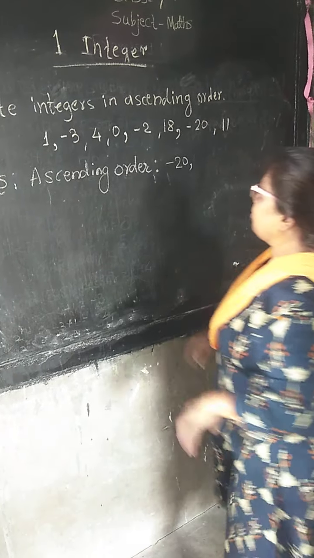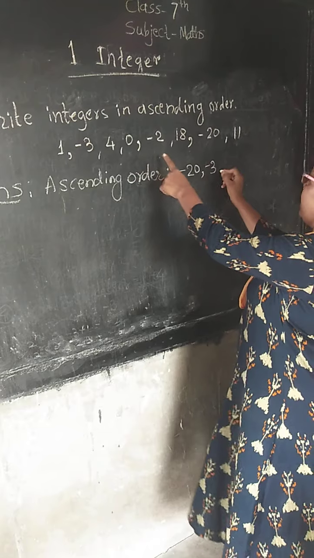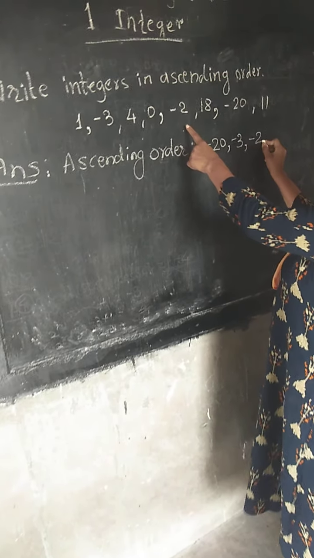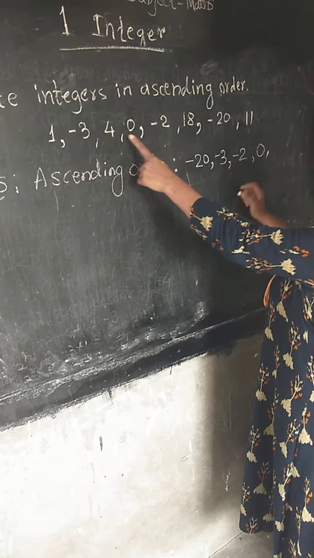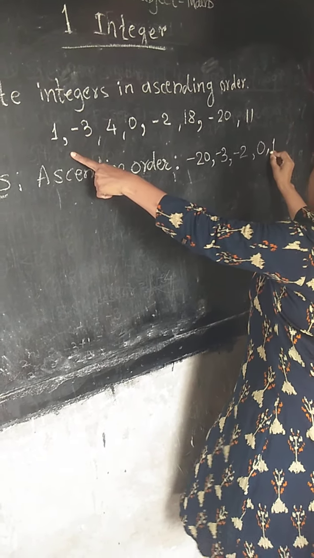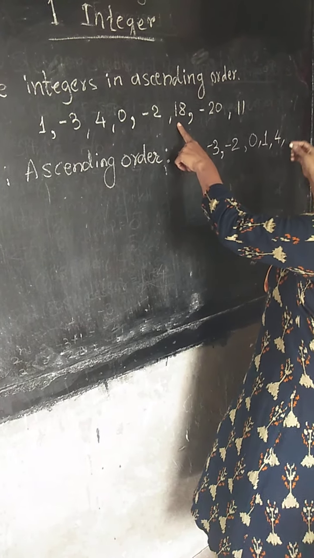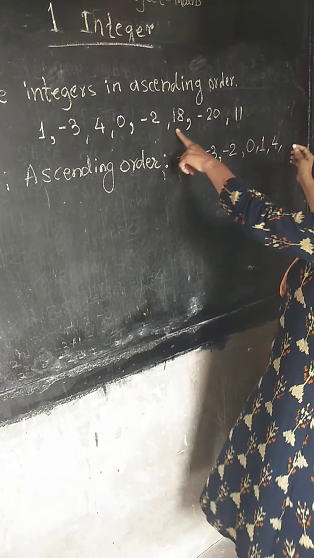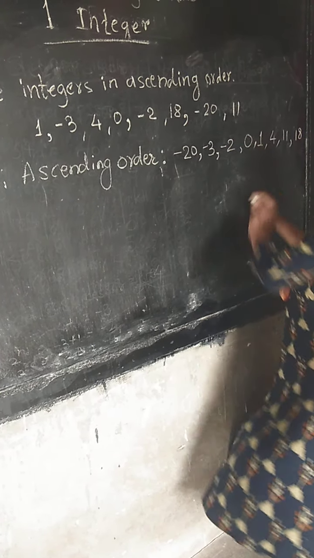Then minus 3. Then minus 2. Then 0. Then 1. 4. 11 and 18.